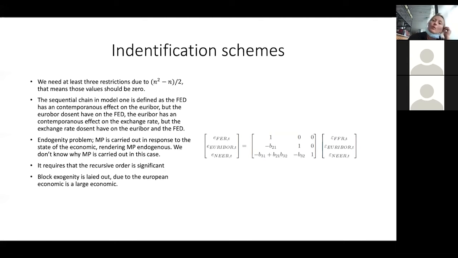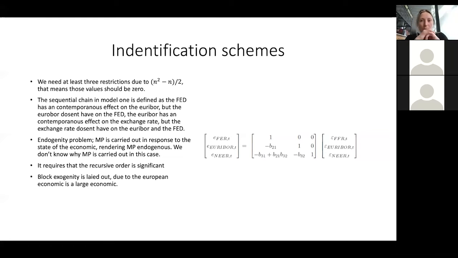We don't know why we are having these shocks, and we're just making a controlled experiment, as it's called. Of course, it requires that this recursive order is significant. You could impose block exogeneity, that is, also imposing restrictions on the lag values between the variables.